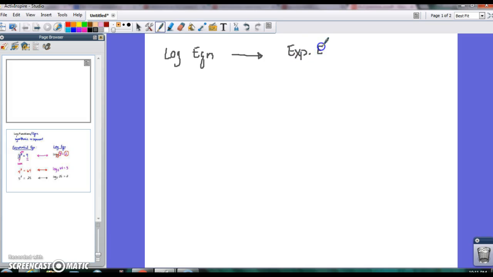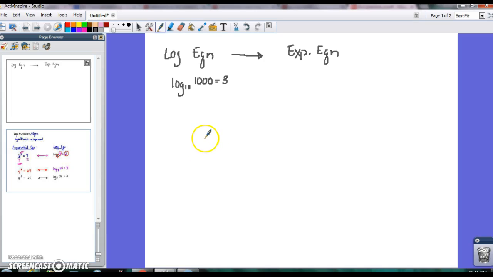So I'm going from a log equation to an exponential equation. Oops, actually, hold on, I'm writing the wrong thing. I want to write it in log form first. So I'm going to say log base 10 of 1,000 is equal to 3.